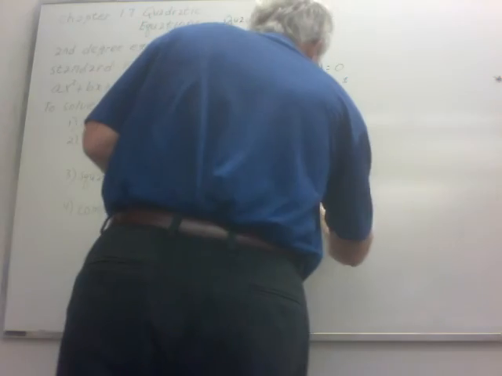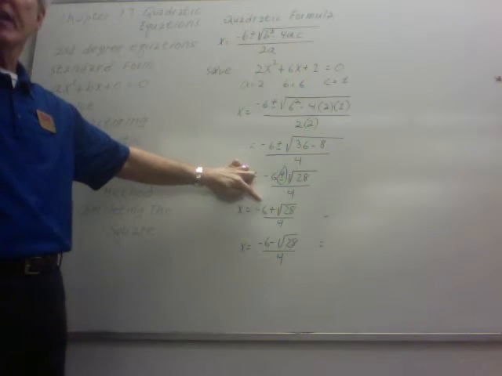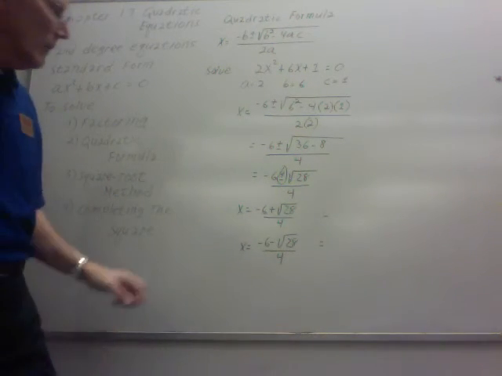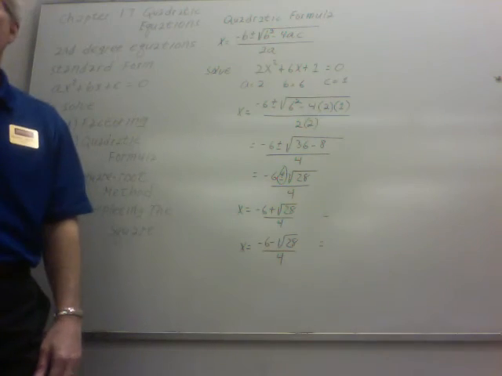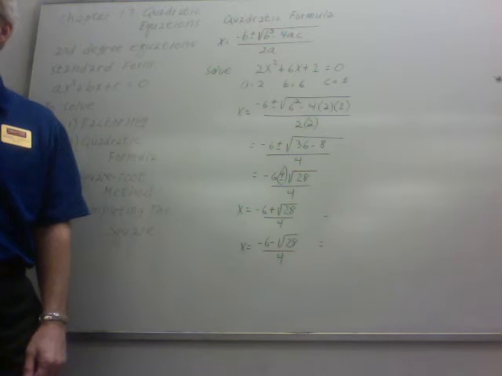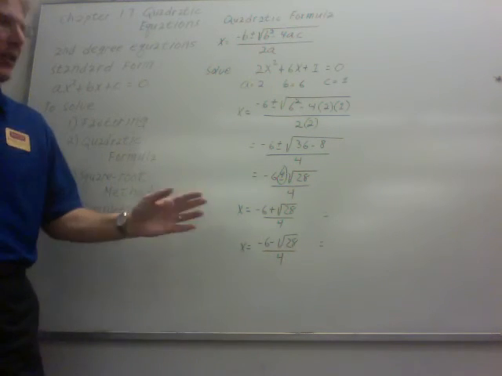I'm going to let you do this. We've got negative 6 plus the square root of 28 divided by 4. And we've got negative 6 minus the square root of 28 divided by 4. Tell me what you come up with. Just use your calculator. I'm going to punch it in.